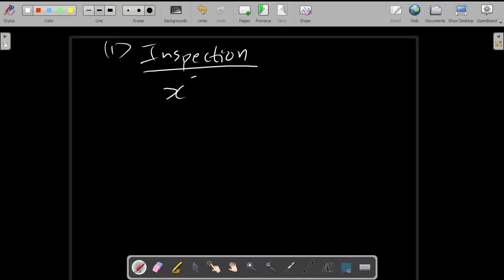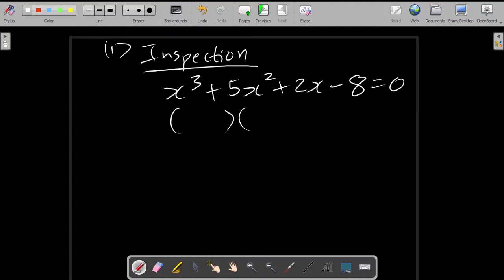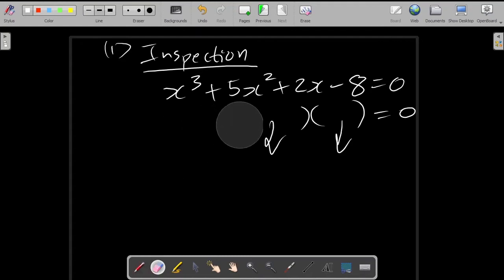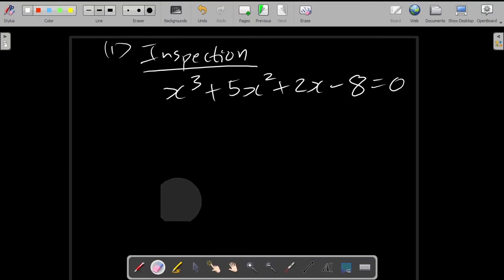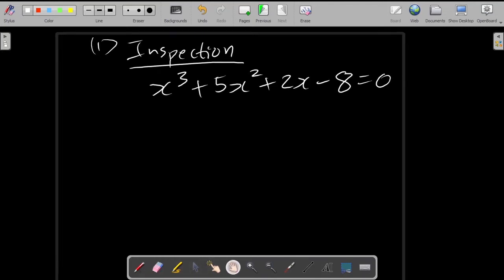So let's say this is what we're supposed to find the factors for, or this is what we're basically supposed to solve because it's an equation. So you have to now find each of the factors, equate them to 0, and then extract the exact values from that. So this is our exercise, and the question is, how would you approach such a thing?